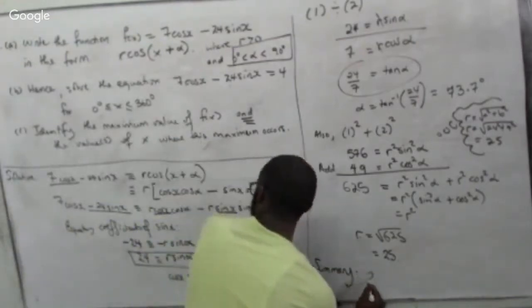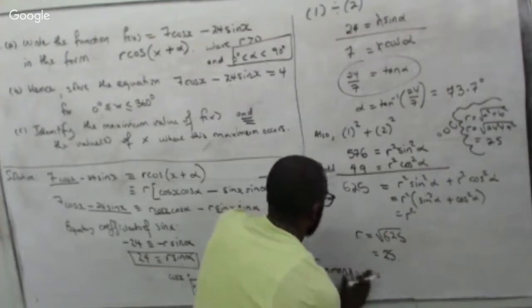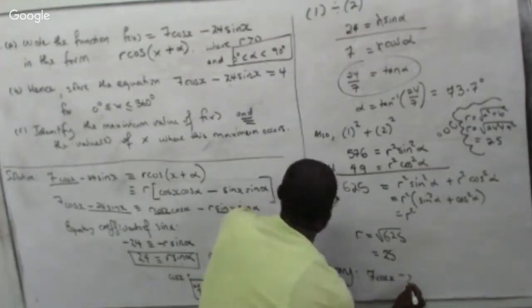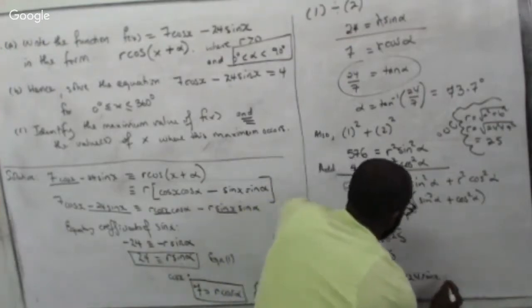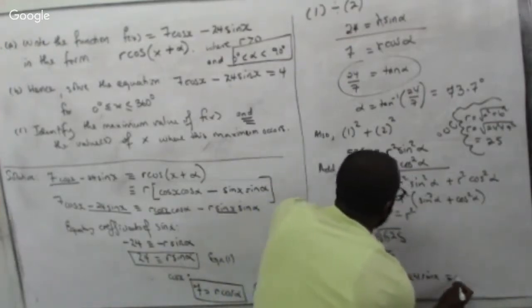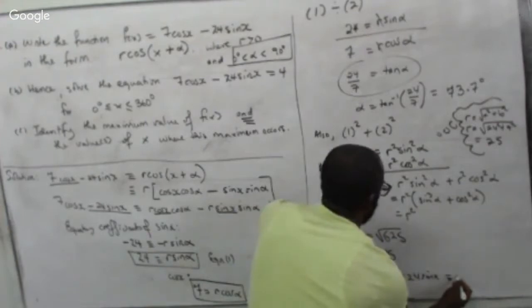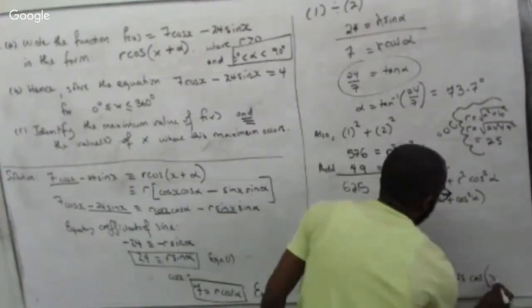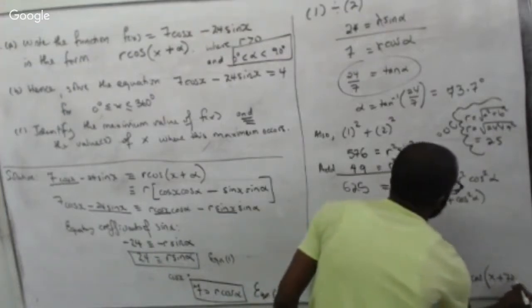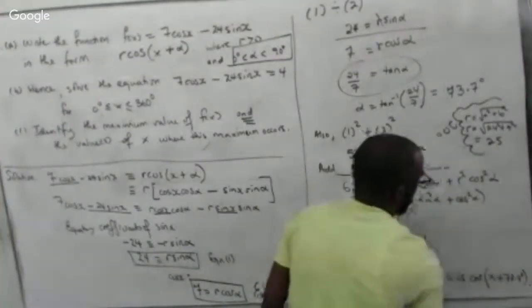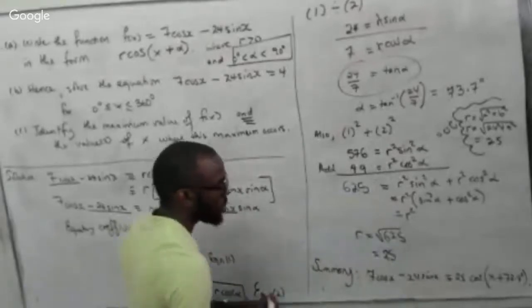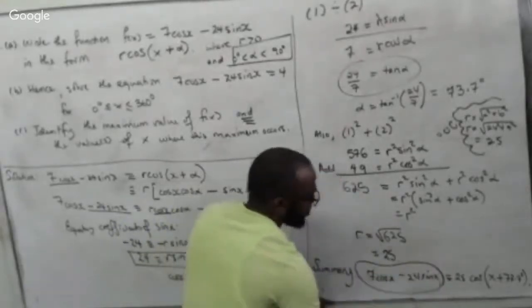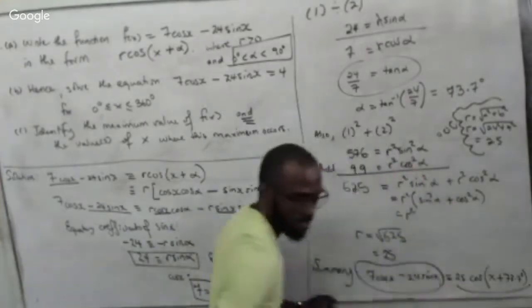So this is now 7 cosine x minus 24 sine x is identical to R, what is R? 25 cosine of x plus 73.7 degrees. So in subsequent pieces of the question, anytime I see that, I can replace it with that.